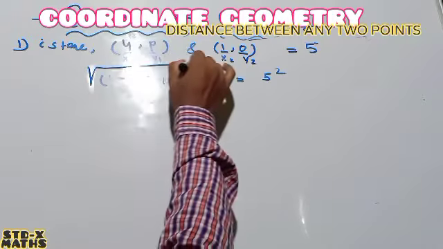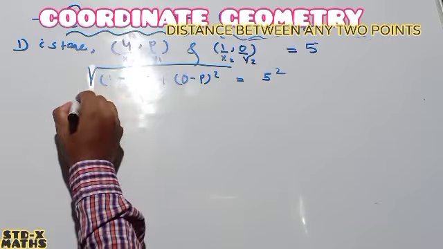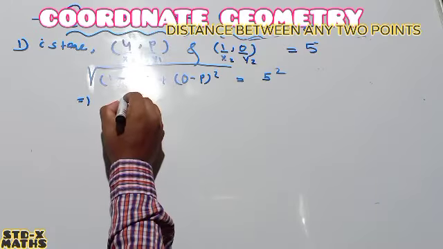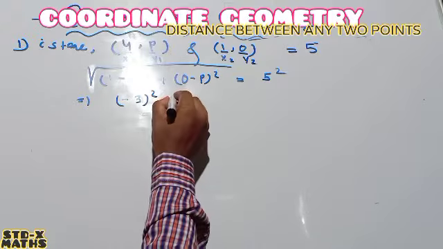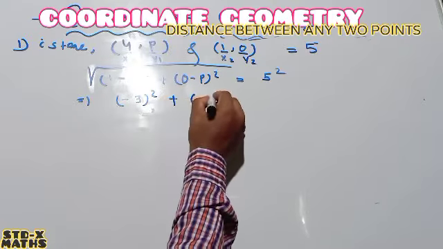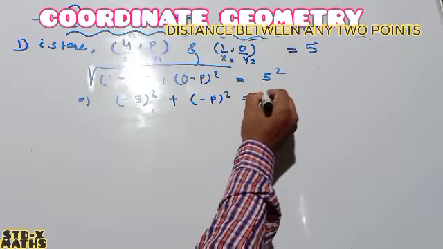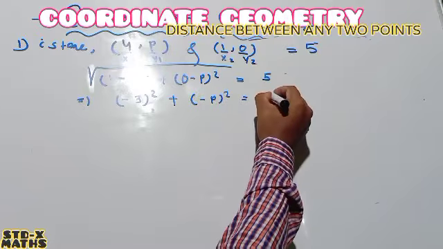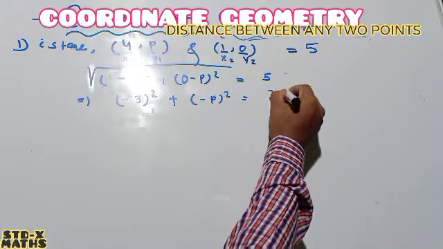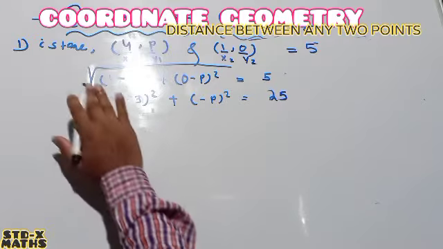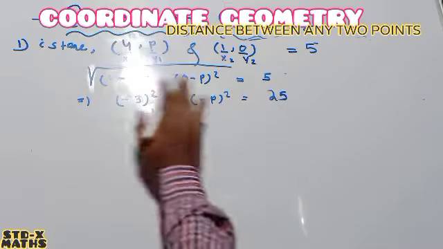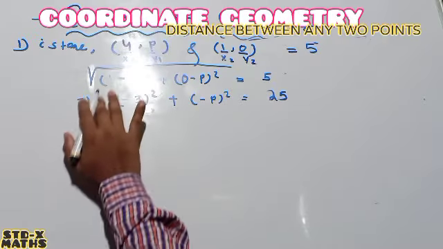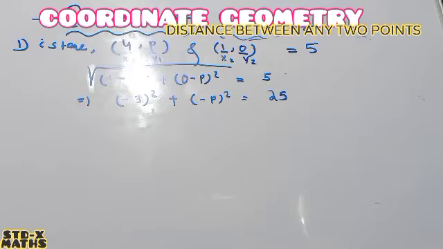Otherwise, one more step I am writing: 1 minus 4 means minus 3 squared, plus minus p squared, equals 5 squared, which is 25. So I remove the square root symbol by squaring both sides. On squaring, the square root symbol is erased from the left side, and 5 squared becomes 25.